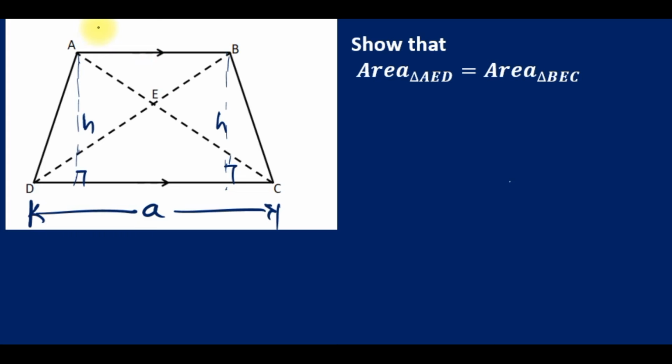So we now see that area of triangle ADC, remember, area of a triangle is half base times height. So half the base is A times height, which is h. That's the first thing we have to know.